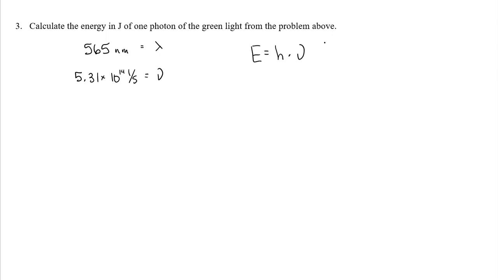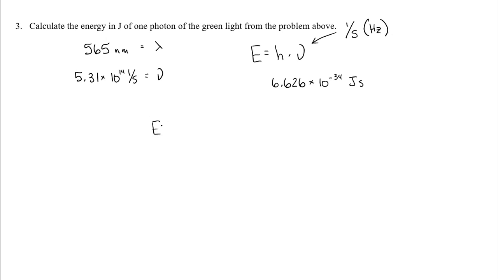Energy is equal to Planck's constant times the frequency. Planck's constant is 6.626 times 10 to the minus 34th joule seconds. That means that our frequency has to be 1 over seconds. So you always go back to the units on the constant that tell you the units of everything else. So the frequency has to be in 1 over seconds, which is exactly equivalent to a hertz.